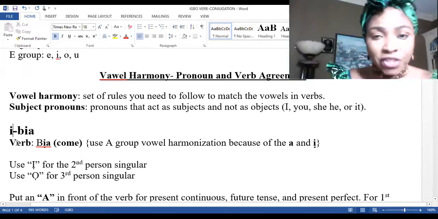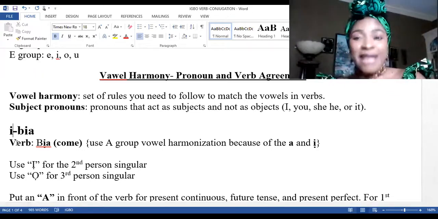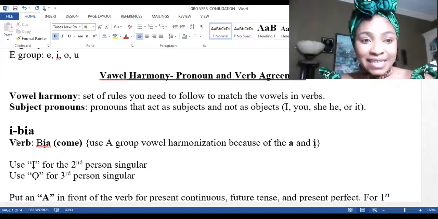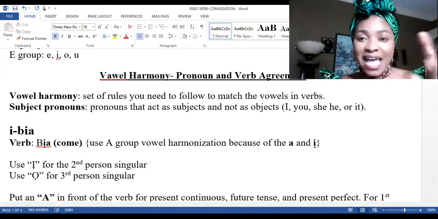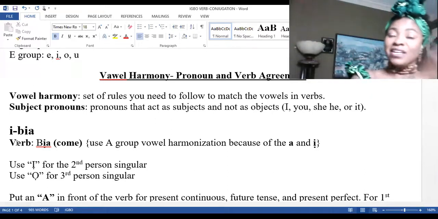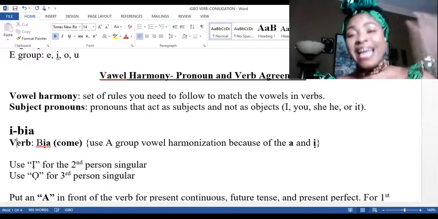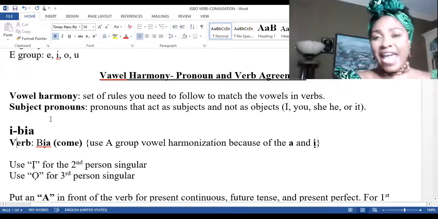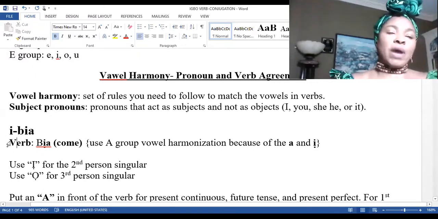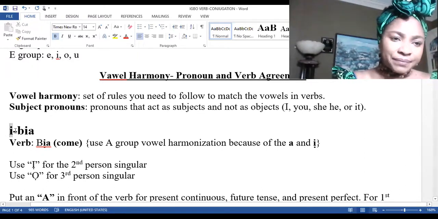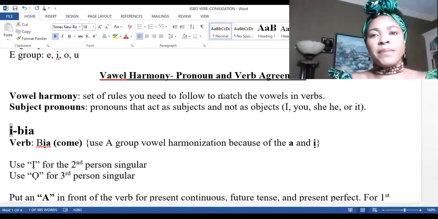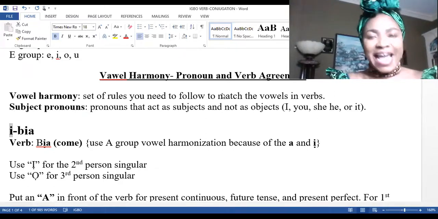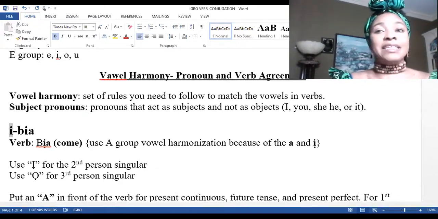But because the A ended the bia, you see that the letter A ended it, any letter in this word should be punctuated, knowing that it's in the A group. So we're going to punctuate this I because of the A at the end of the bia. I need you to know why.